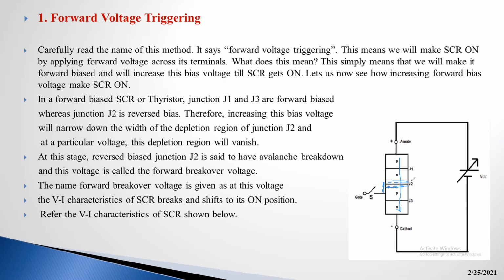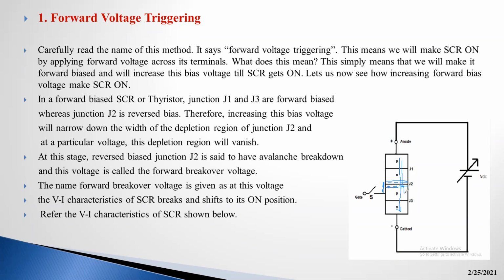Before this, junction J1 is already in forward bias condition, so the current can flow up to here. Junction J3 is also already in forward bias condition, but junction J2 is in reverse bias condition. That's why there is no chance for the current to flow in this direction, because the depletion layer is formed. When this depletion layer decreases, the path is provided to flow the current.